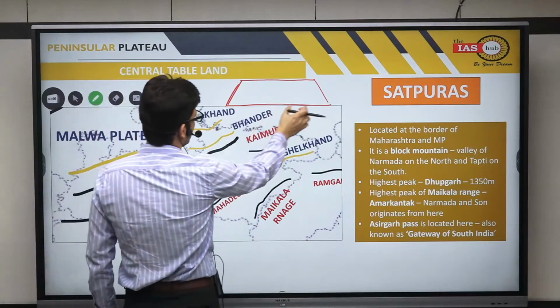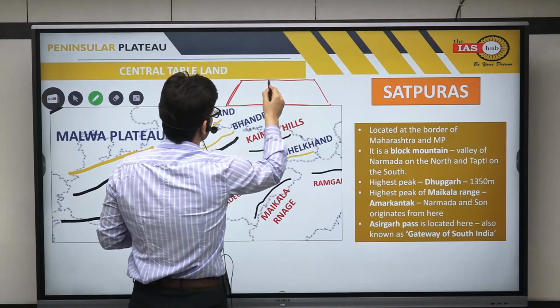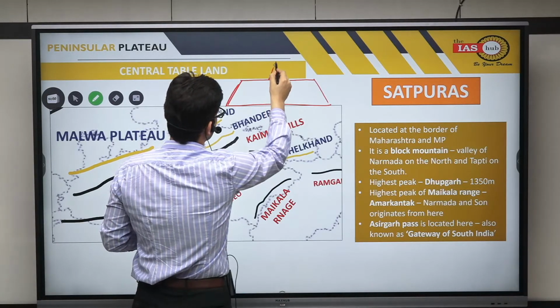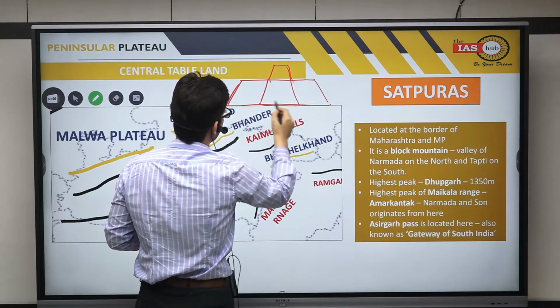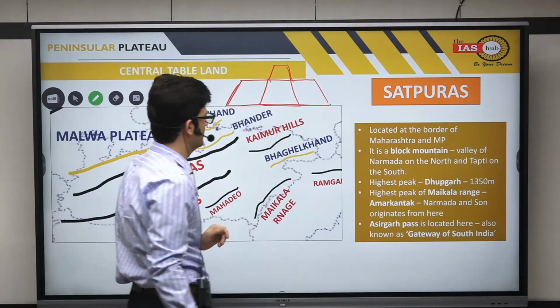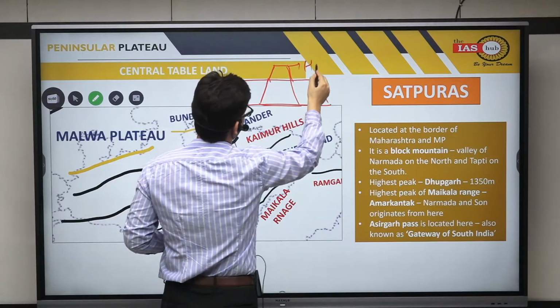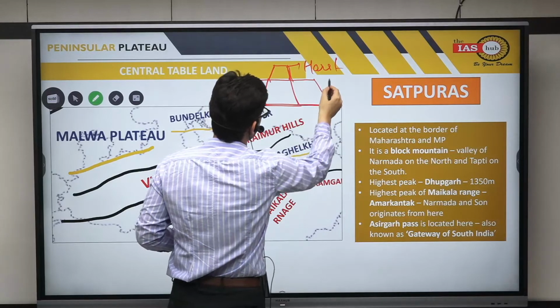Now some tectonic activity happened in this region, and because of that, a certain amount of region in this plateau region will get upheld, and the other region will get downthrown. So this region is known as horst, and the depression region would be known as graben.